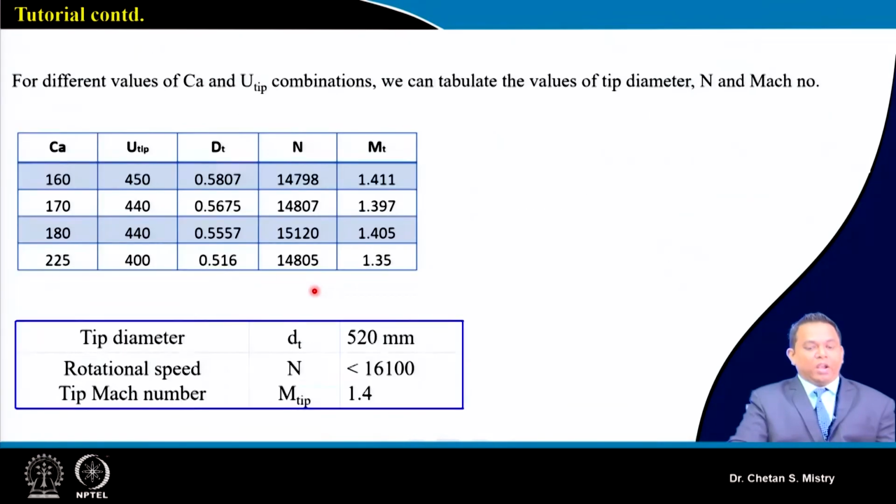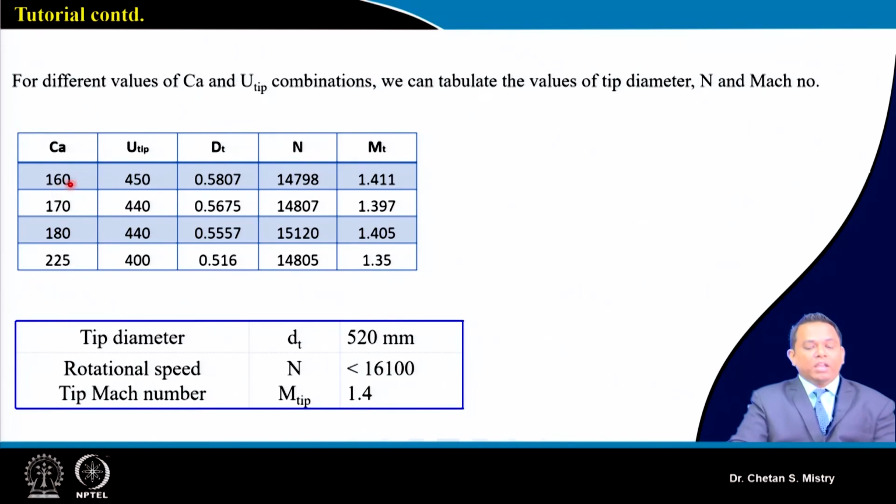Here are some of the iterations we have done with different combinations of axial velocity and peripheral speed. Again, let me tell you, one can go with a flow coefficient assumption, and by that way also you can do this calculation. In order to showcase what all parameters we need to select, this is the reason why we have selected these numbers.